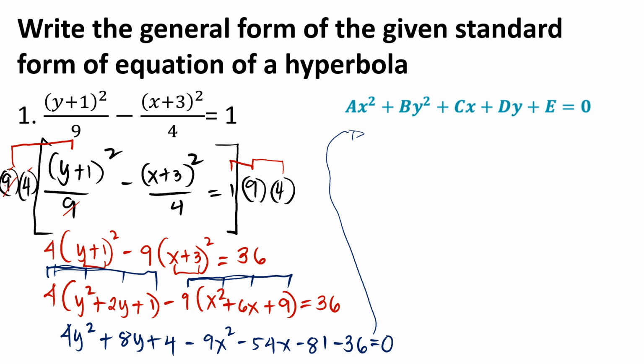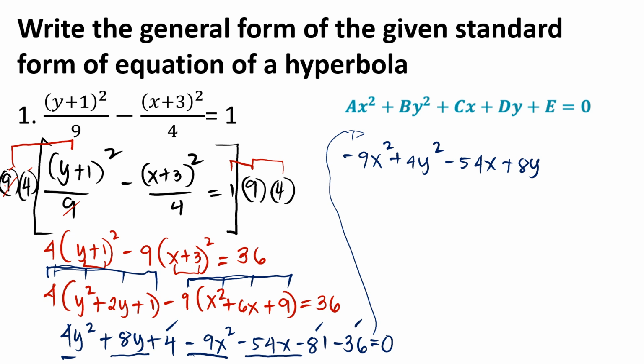So we will be writing the negative 9x squared followed by the y squared term, 4y squared, and then followed by the linear term in x, which is negative 54x, followed by the linear term in y, then that is positive 8y. The e are the constants, so we have a 4 in 81 and 36.